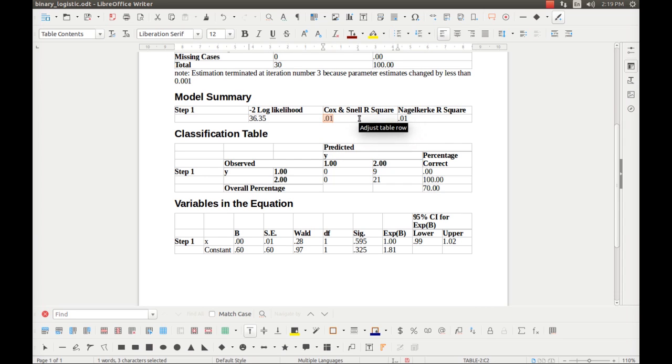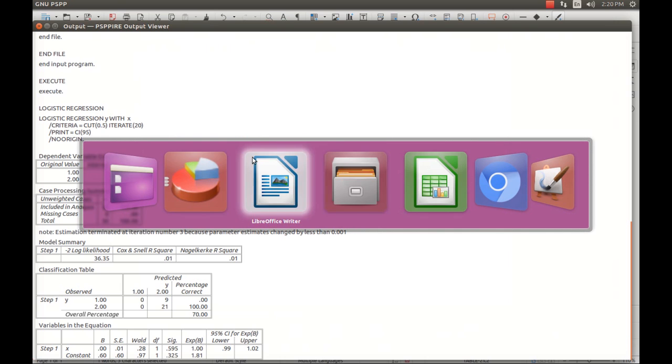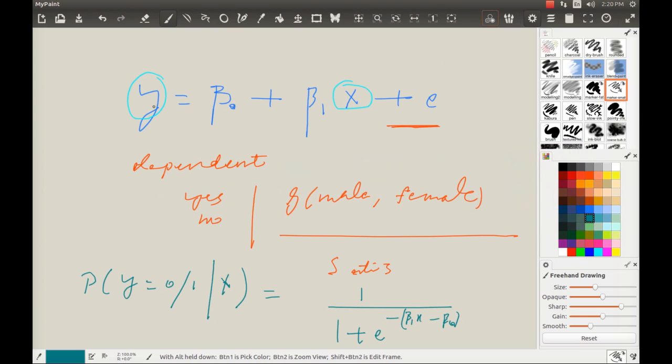That shows that only 1% of the variance in Y is explained by X, and we may not be able to use this fit to predict the attitude of the patients just by depending on the healthcare expenditure. So that is the result.